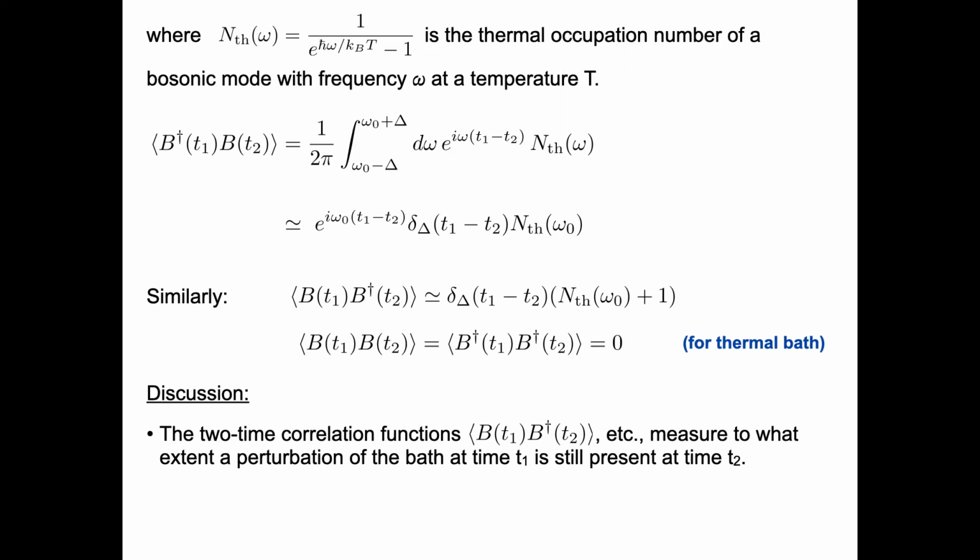If you evaluate this for a single mode cavity, you put an atom, it puts a photon in the cavity mode, and if it doesn't decay somewhere else, then it just stays there. Then this correlation function would actually show long-time oscillations.